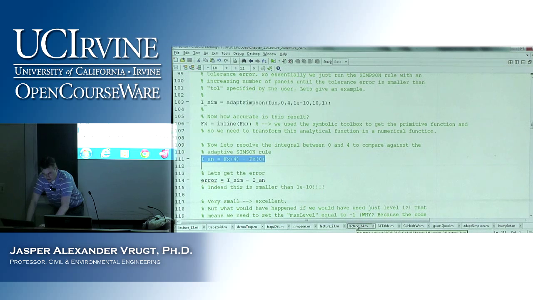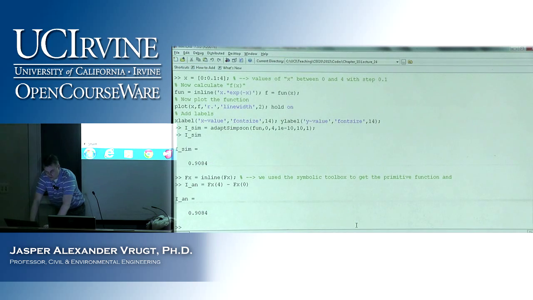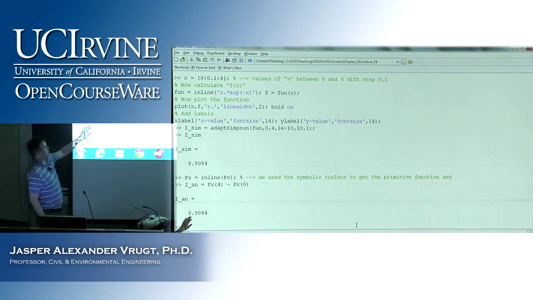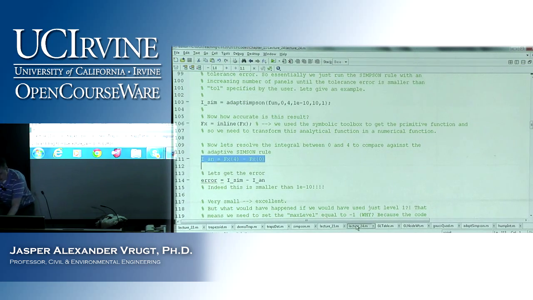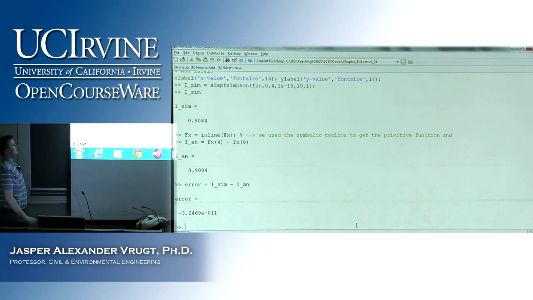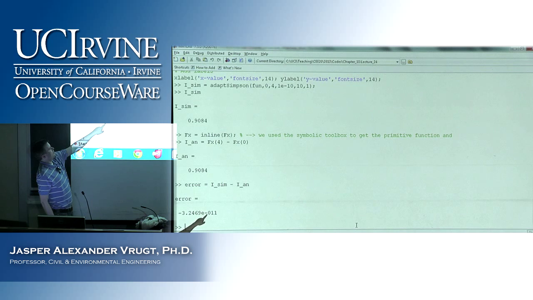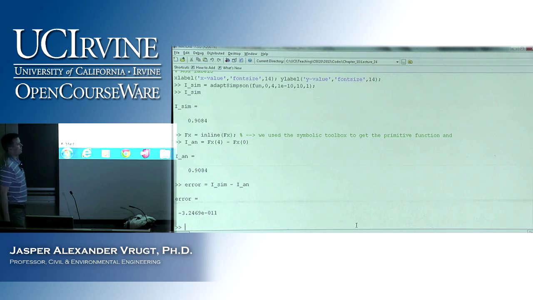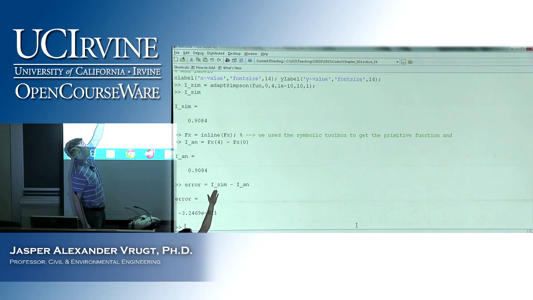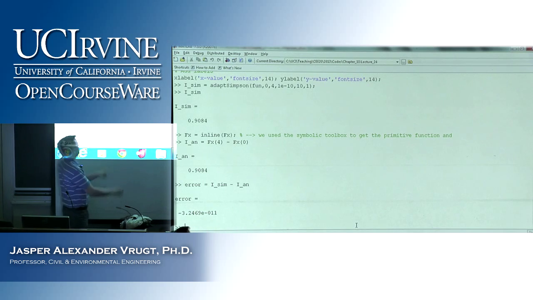We can do this analytically because we have that toolbox, at least it's on my computer, and you see that it's almost a perfect result because the error is minus 3.2 times 10 to the power minus 11. So the difference between what we estimate numerically with the adaptive Simpson and the analytical result is really, really small.